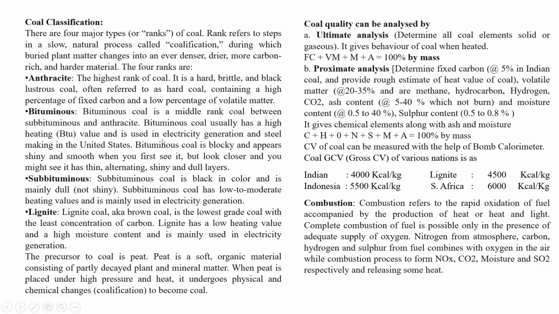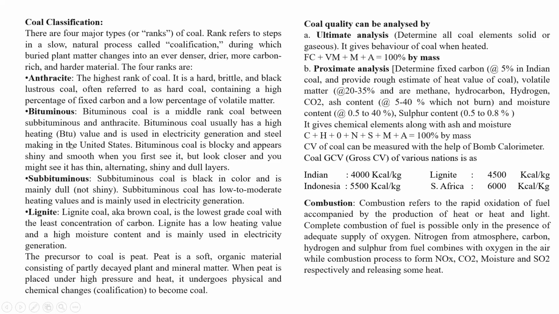It usually has a high heating value and is used in electricity generation and steel making in the United States. Bituminous coal is blocky and appears shiny and smooth at first, but look closer and you'll see thin, alternating shiny and dull layers.